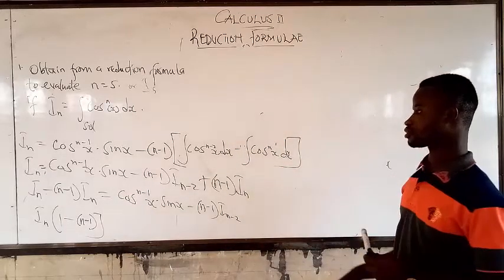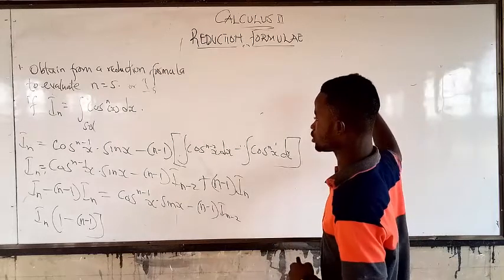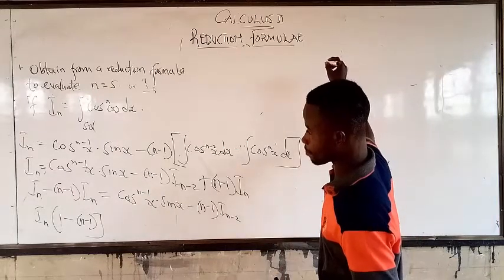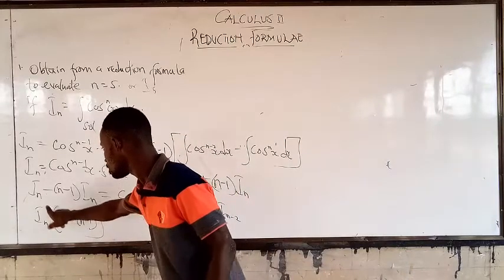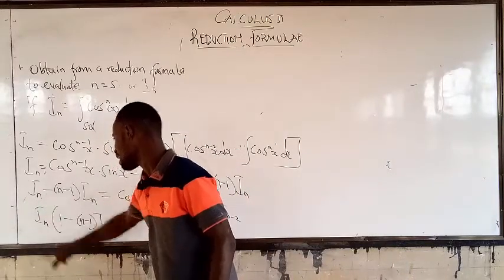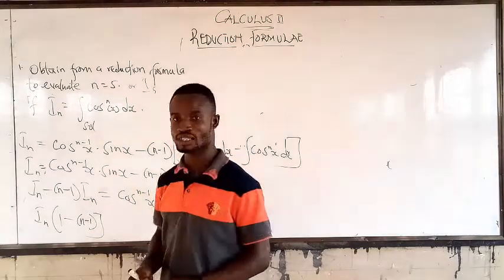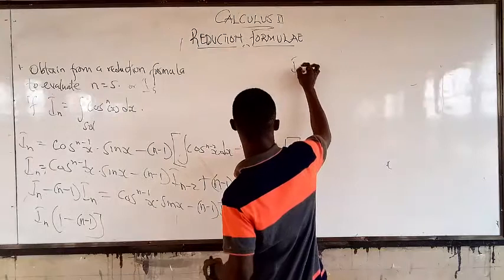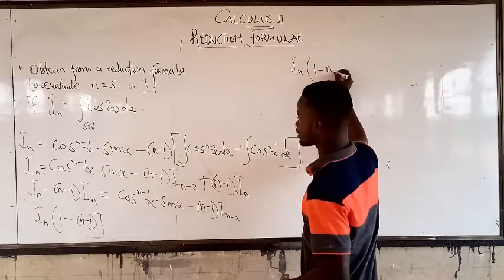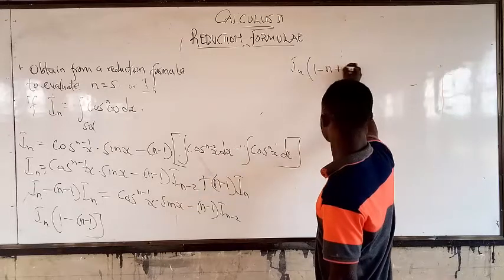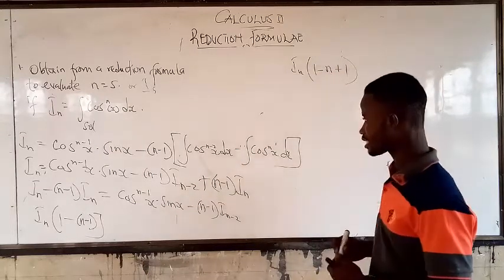Okay, let's continue. So what we have for that place is going to be, when you factor in out, you are going to get here 1 minus this. And we know that here you are going to get n, 1 minus n plus 1. Let's check that place well.